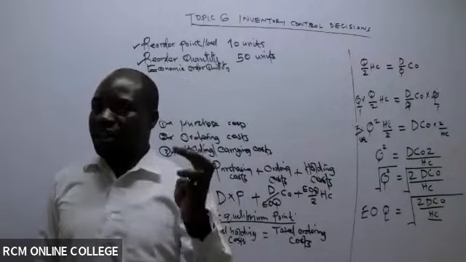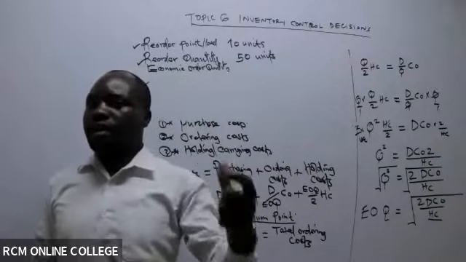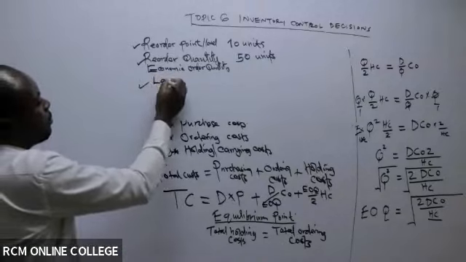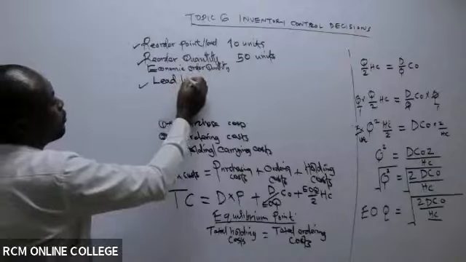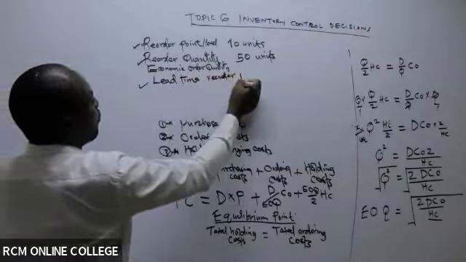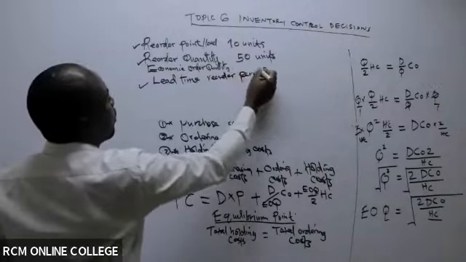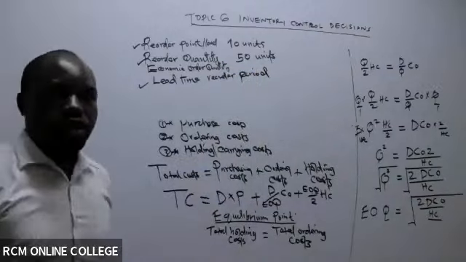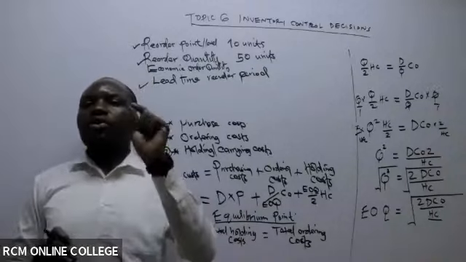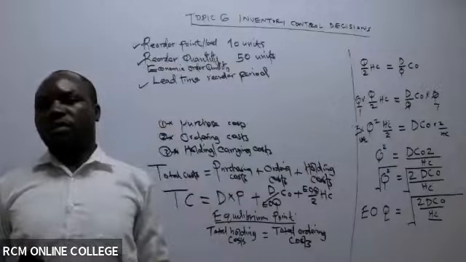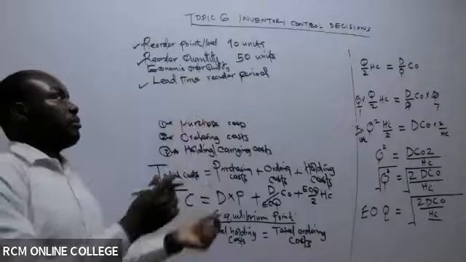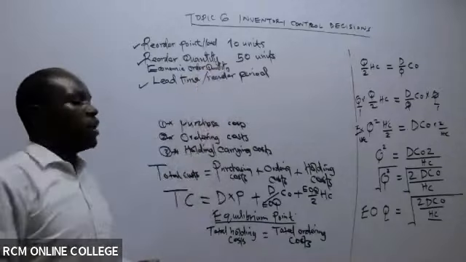So the 14 days, the 7 days, the 3 days represent what we call lead time or reorder period. The interval between the time that the order was made and when the goods are received. That's what we call reorder period or lead time.